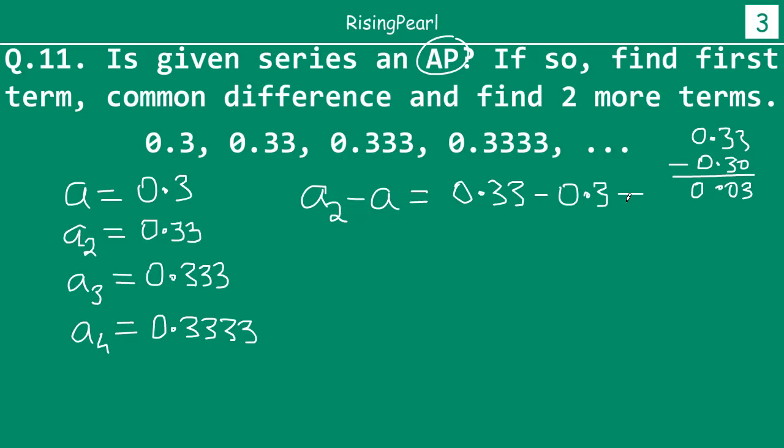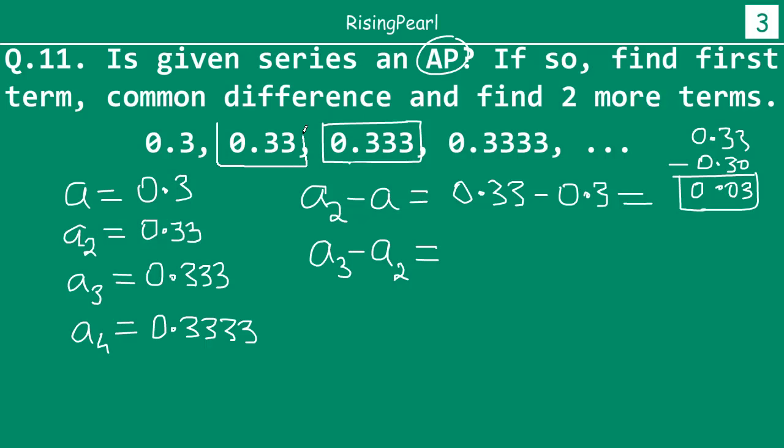So this will be equal to 0.03. Now let's do A3 minus A2. So we are doing the third term minus the second term, and see what we find. This will be 0.333 minus 0.33.